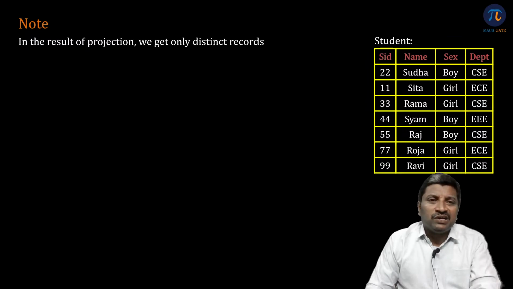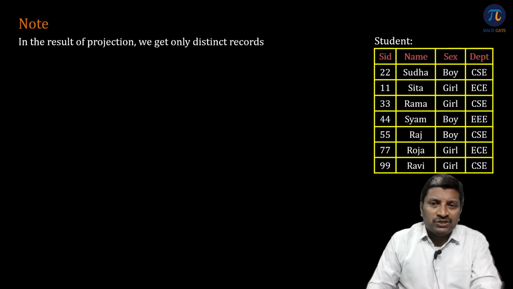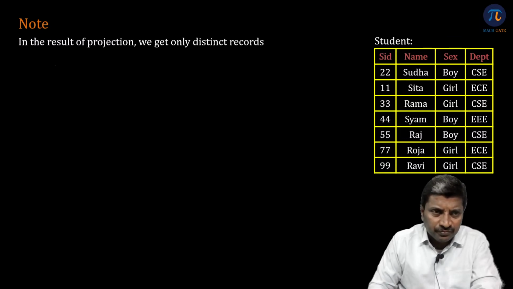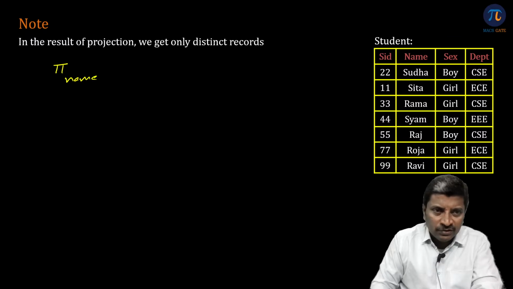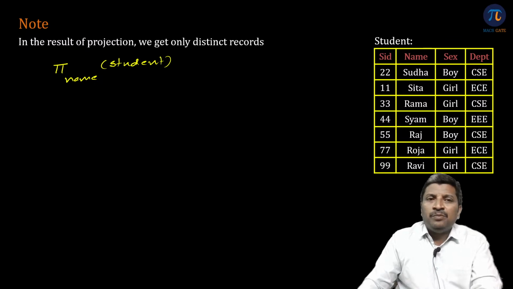Now in the result of projection, we get only distinct records. What does it mean? Suppose from the student table, I have written name. Then please observe it, sir.